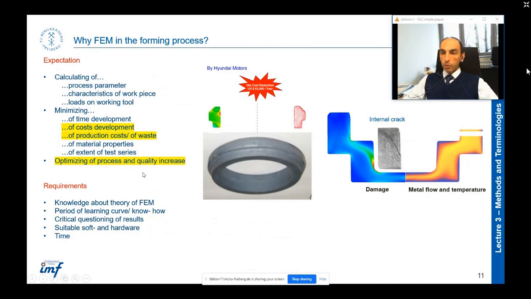What you need for doing FEM or simulation is, of course, knowledge of the theory of FEM, not too deep, because as a user, maybe today I will talk a little bit about the equations and how it's solved, but as a user, you will never enter such topics. If you want to become a specialist in FEM, or develop your own software in future, then of course you need to know these equations.